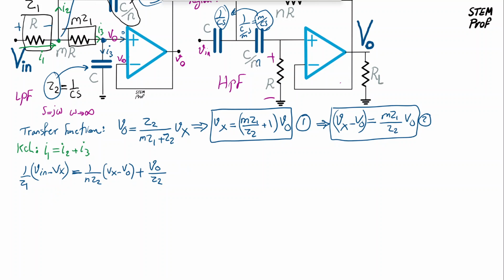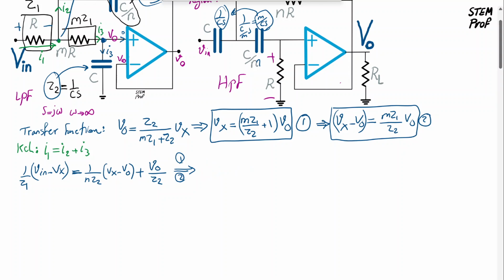I am using now a combination of equations 1 and 2, and then it becomes 1 over Z1 Vn minus, for Vx I am substituting from here, so it becomes mZ1, and I should not forget about 1 over Z1, which I can multiply to the other side.